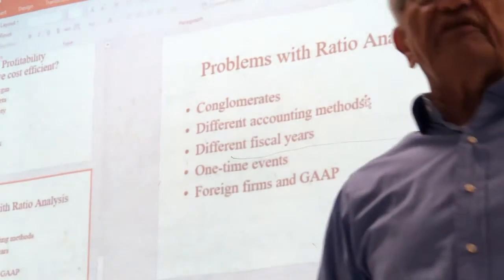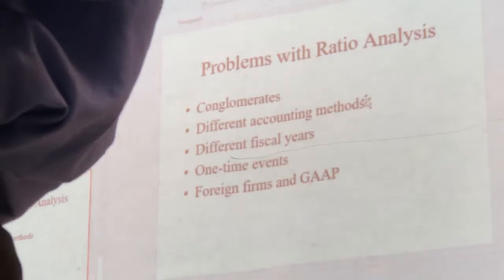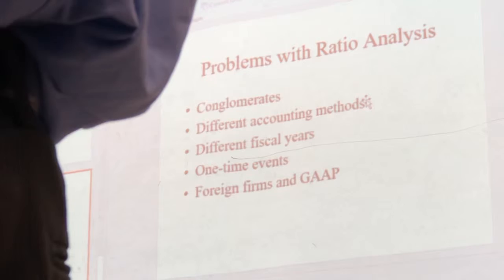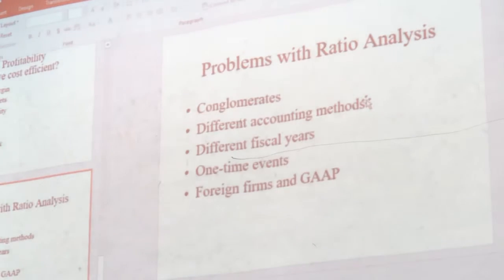Different fiscal years. You might be thinking every firm's fiscal year starts on January the 1st. No. Apple's fiscal year starts on October the 1st, so their first quarter is the October-December quarter. When you compare JCPenney's 2018 financial performance to Walmart's or Sears's, make sure the fiscal years of the 2 firms start and end at the same time.